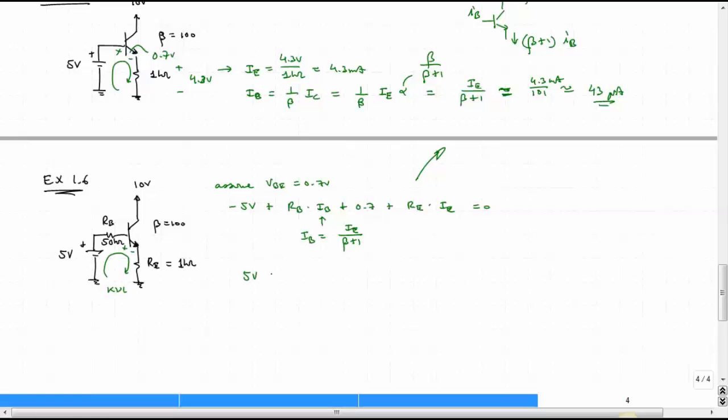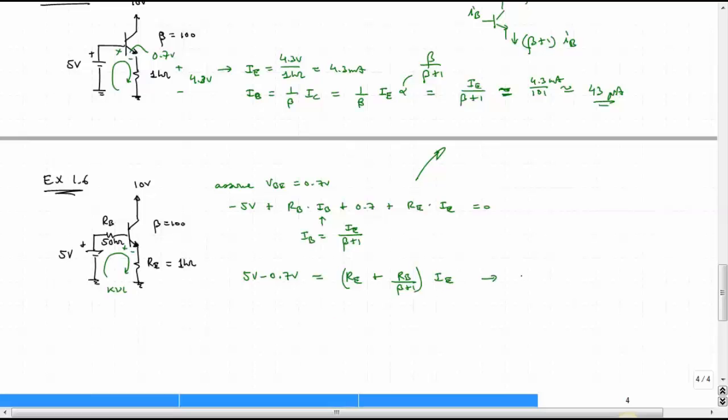I'll bring the 5 volts over by itself, actually the 5 volts and the 0.7. So we'll have 5 volts minus 0.7. That's the net voltage that's driving current in a clockwise direction. And that is going to be equal to RE plus RB over beta plus 1 times IE.